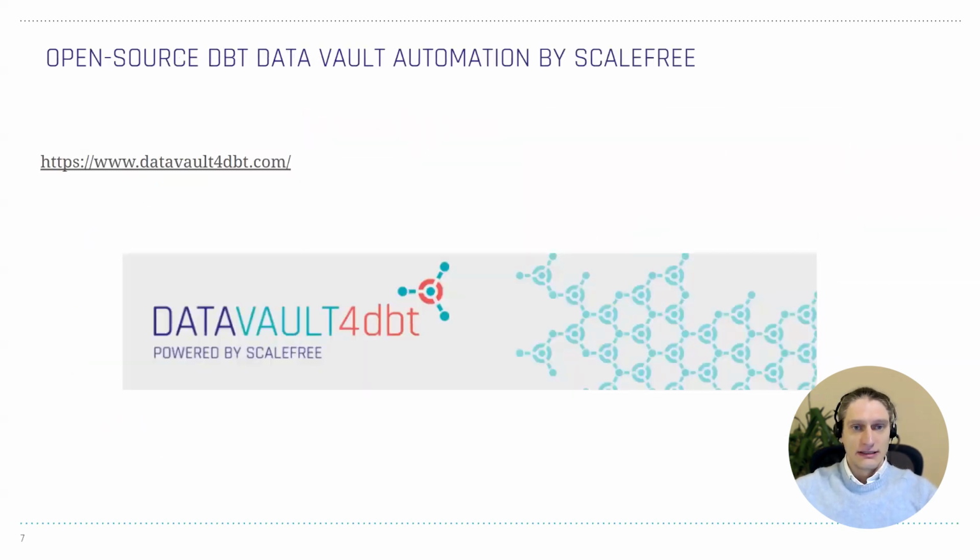And all the Data Vault entities in the demo data warehouse were built using Data Vault for DBT. This is an open source package developed and maintained by Scalefree. This package simplifies the implementation of Data Vault 2.0 within DBT. Data Vault for DBT adheres to the official Data Vault standards.